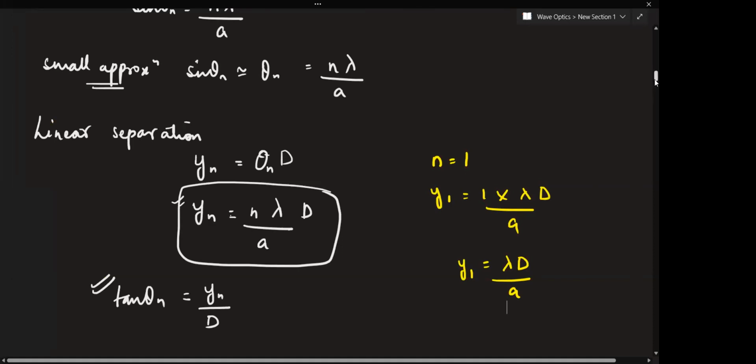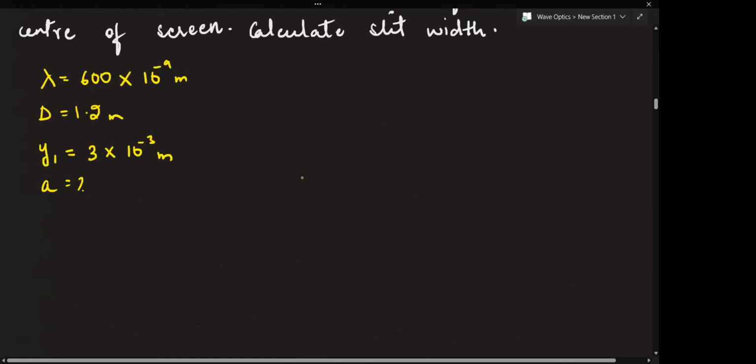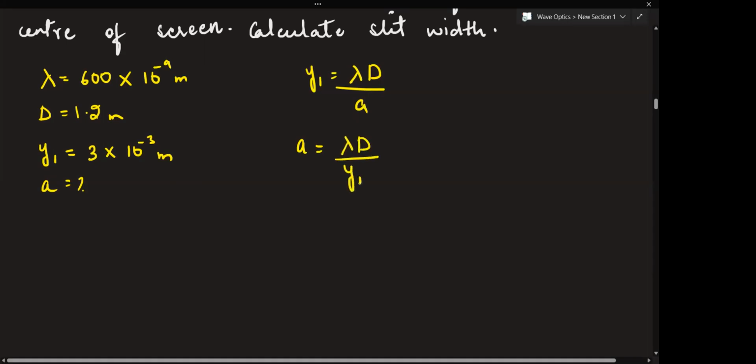Because it has specified that we have to calculate for minimum. So y1 is equal to lambda capital D by A. From here, if you take out the value of A, it will be lambda capital D divided by y1.